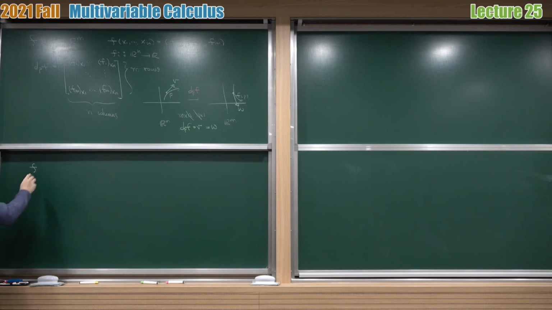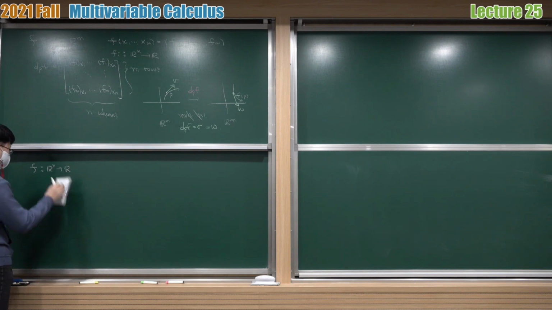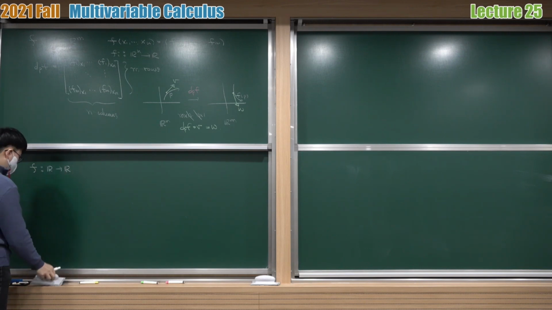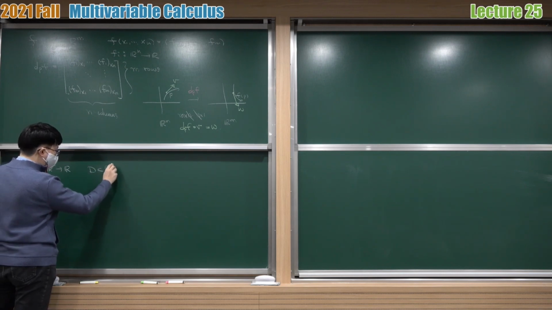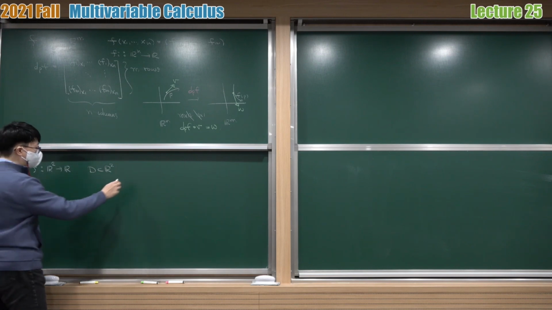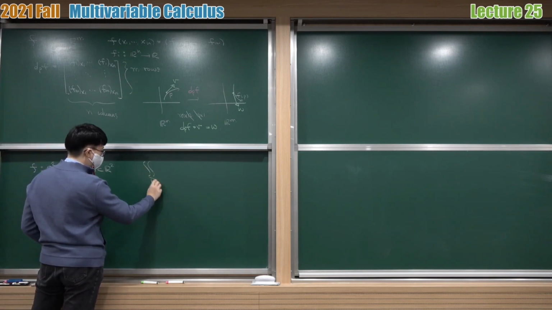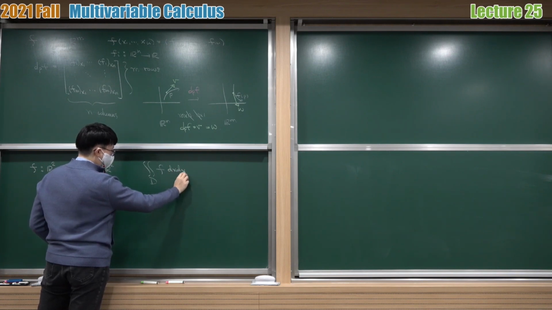we first started with a real valued function, let's say defined on the two-dimensional space, and we defined integration over a domain in two-dimensional space. And we call it this.